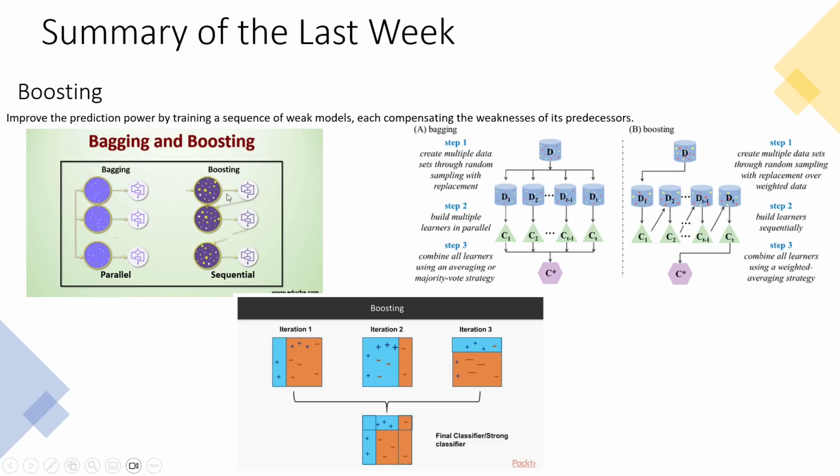You start with a model, you start with an initial data, you make a prediction, and then you try to compensate for your errors. Okay. The next model was using the prediction error of the previous model. Therefore, that's not a parallel working strategy, that's a sequential working strategy. That's the basic difference between bagging and boosting.